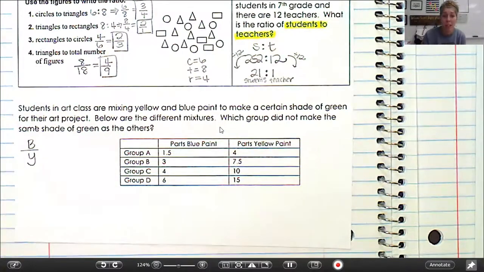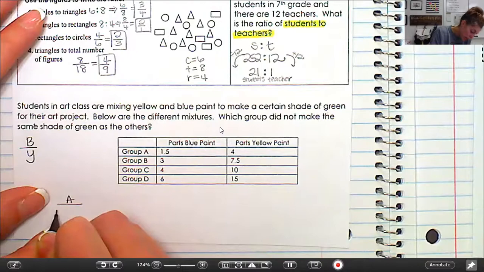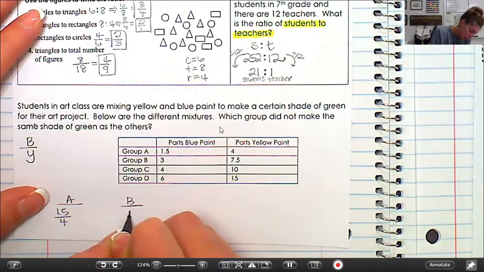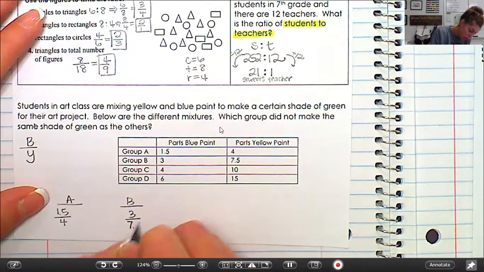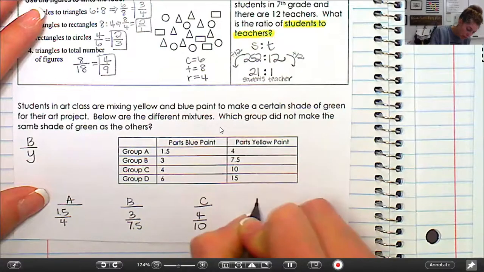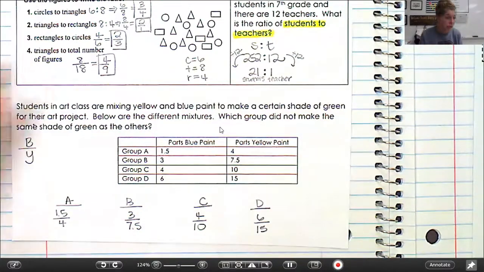That's my go-to ratio. I'm going to take group A and put blue over yellow, group B, blue over yellow, group C, blue over yellow.